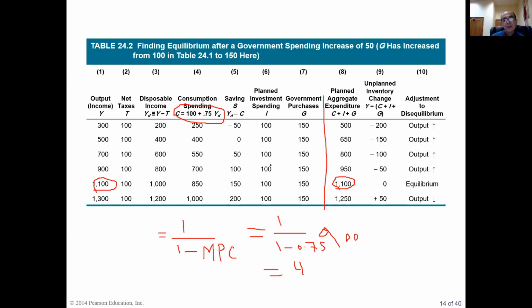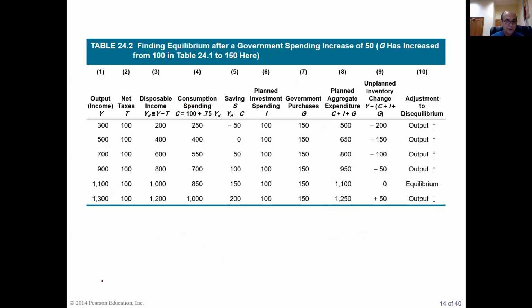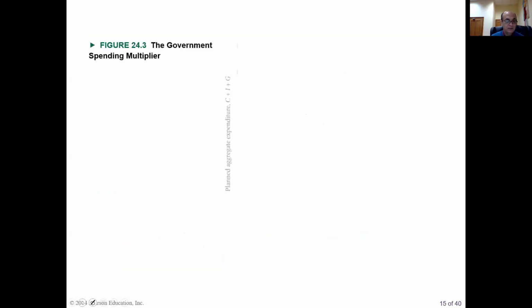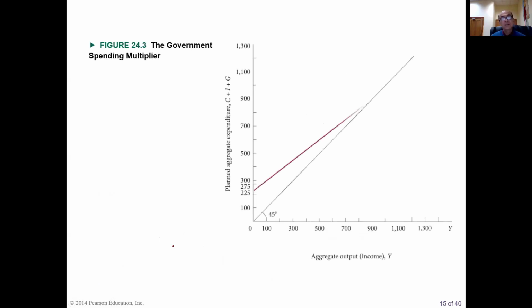The first one: change in income divided by change in investment, or according to the multiplier equation, which is 1 divided by 1 minus MPC. Okay, that's everything here, and we go to the next slides.